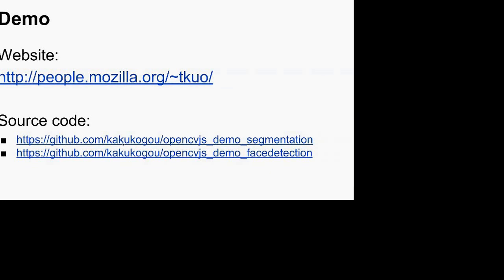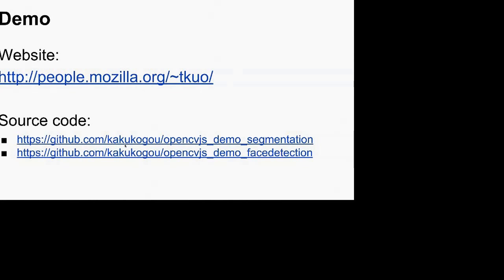Okay. So everyone saw the demonstration, and the demonstration can be accessed through this website. And the source code is all hosted on GitHub. Do we need a special version of Firefox? Yes.